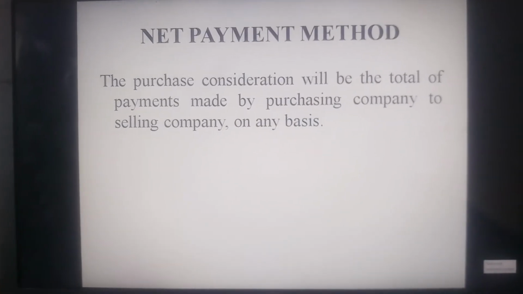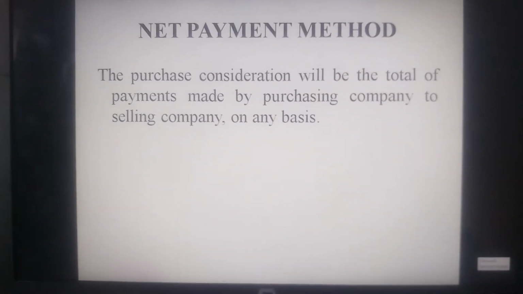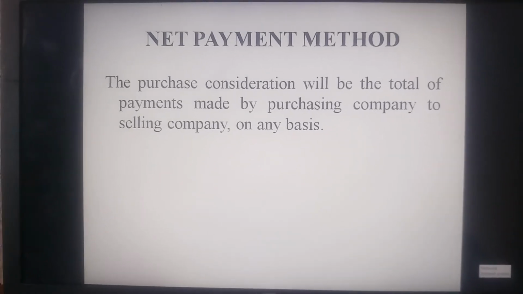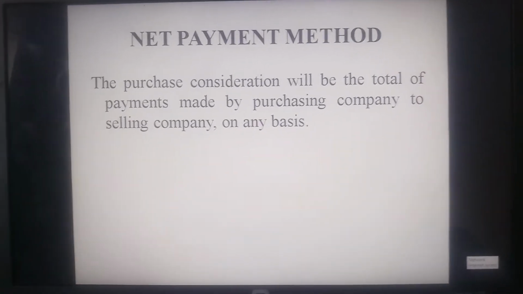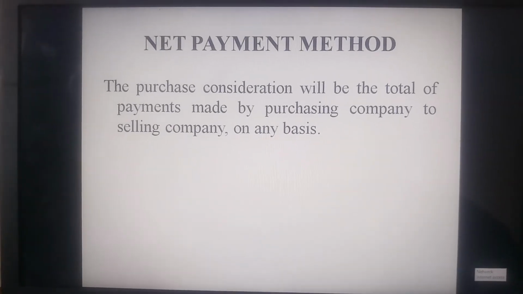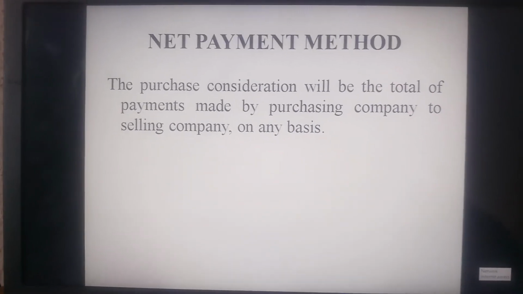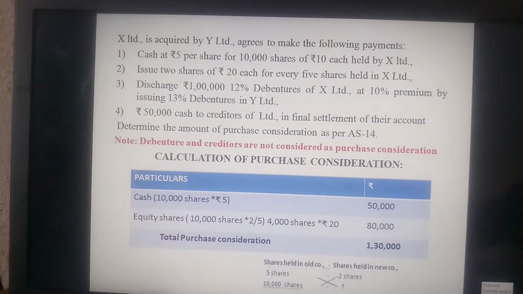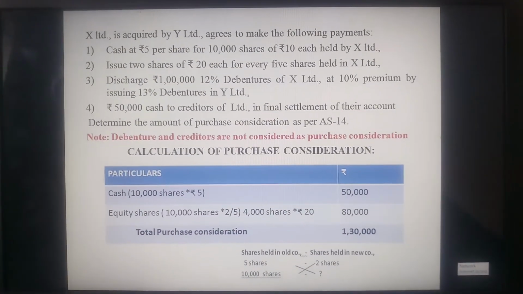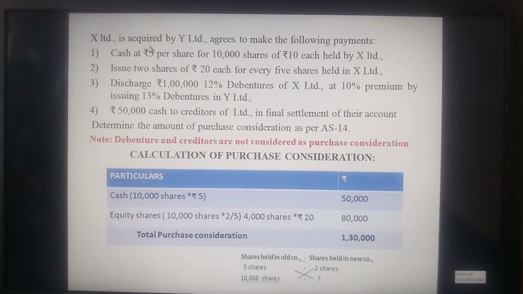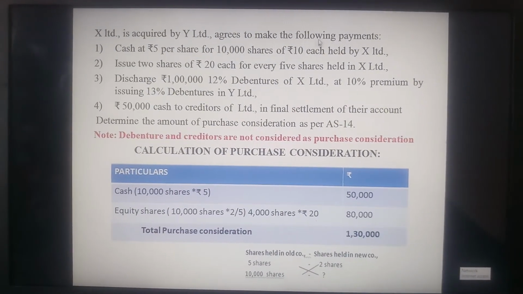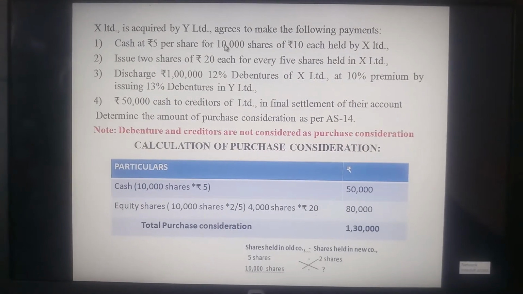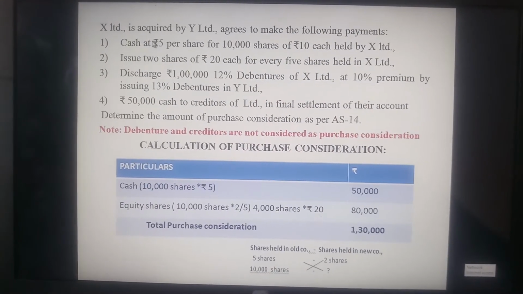So the next method is net payment method. Net payment method is nothing but the mode of payment mentioned in the problem itself, that we have to find out and sum up, then we get the purchase consideration under net payment method. So the problem is X Limited is acquired by Y Limited company, which agrees to make the following payments. Regarding cash, for 10,000 shares, rupees 5 per share will be paid.